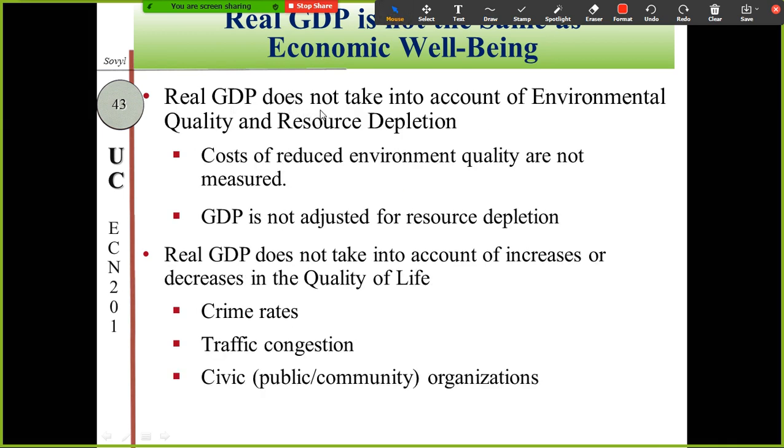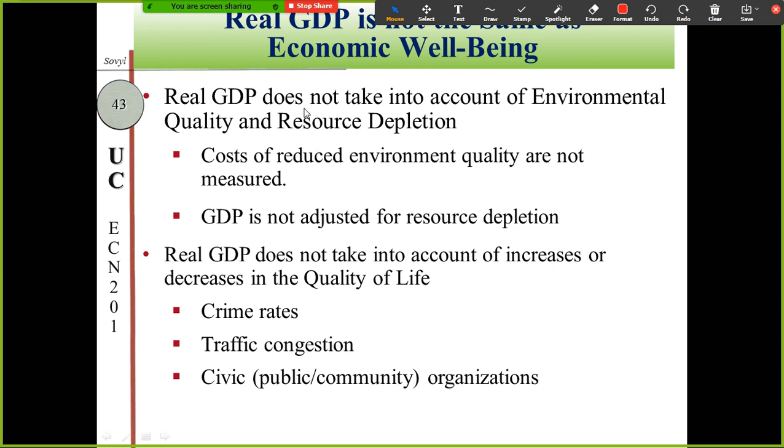Real GDP does not take into account environmental quality and resource depletion. For example, real GDP per person does not take into account whether this country has poor environmental quality or not. If a country has a poor quality environment, people may get more health problems. When they get health problems, they do not have economic well-being.